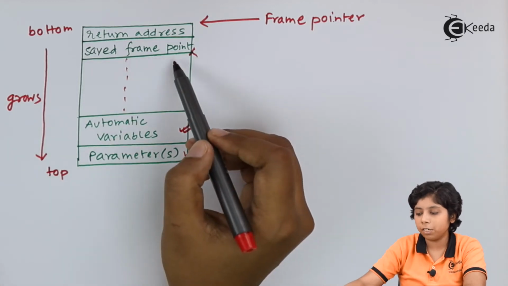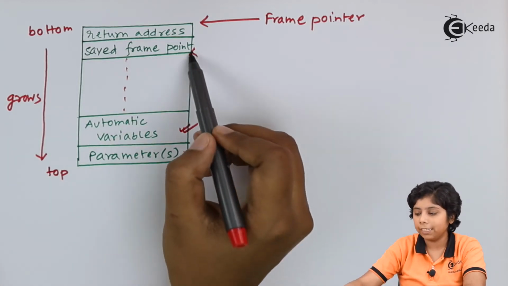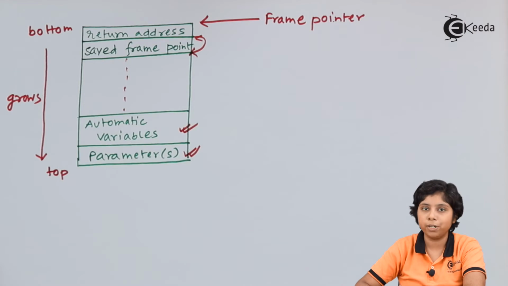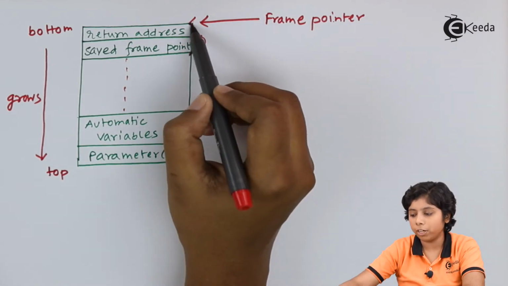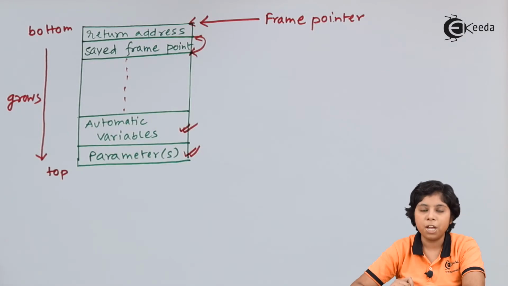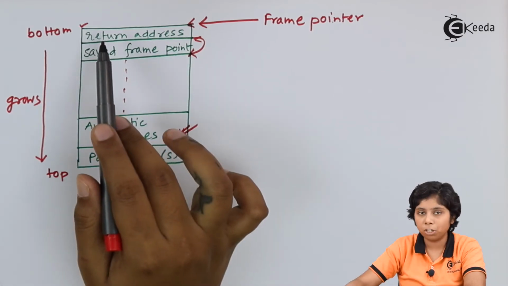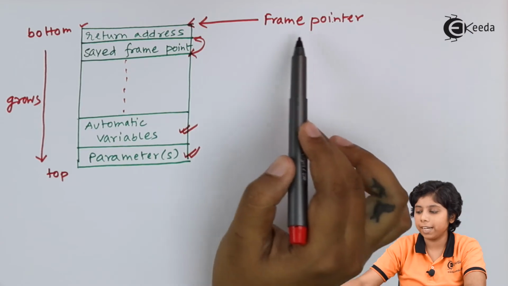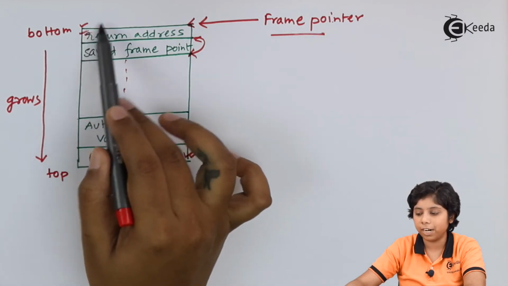Then the saved frame pointer comes, and then the return address, which is the final one. If the frame pointer is pointing to the bottom of the stack, the stack has already performed all the operations, and we can say the frame pointer reaches the return address.